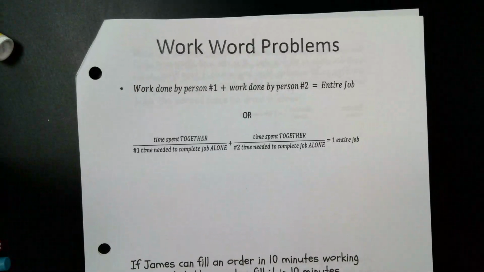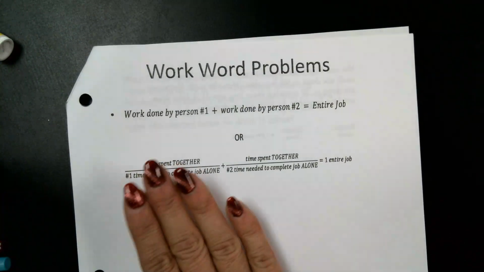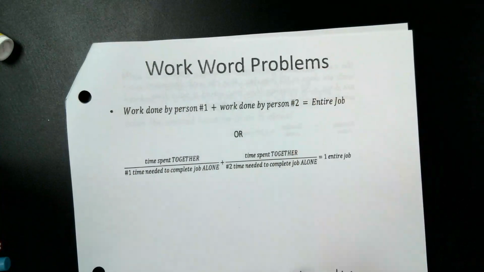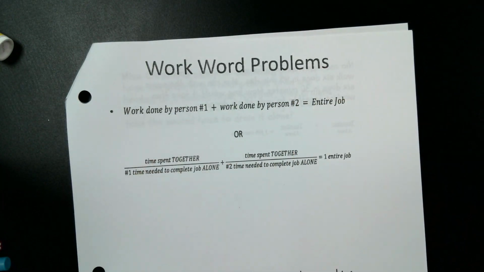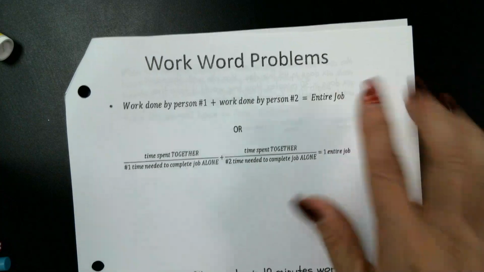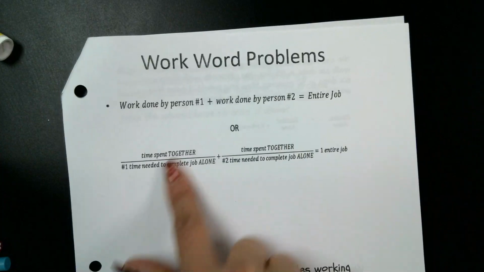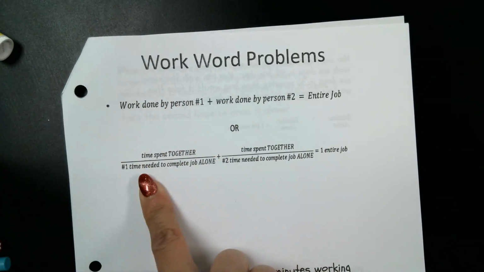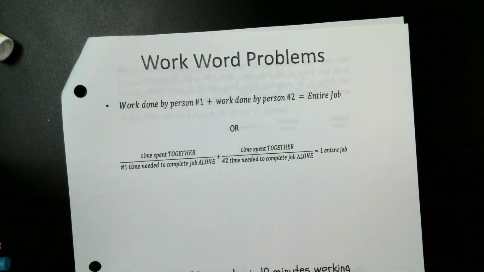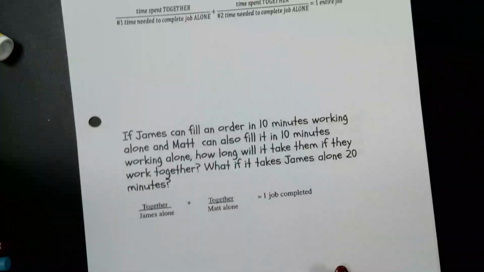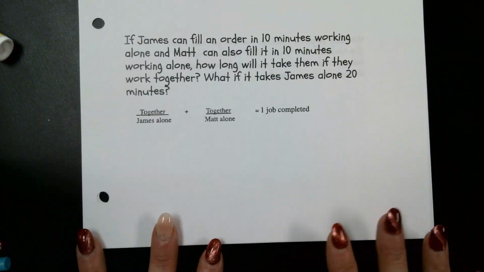If you turn the page, for the working word problems, we take the work done by person number 1, add it to the work done by person number 2, and set it equal to 1 every single time, because this person does this portion of the job and this person does this portion, but together they make one whole job.